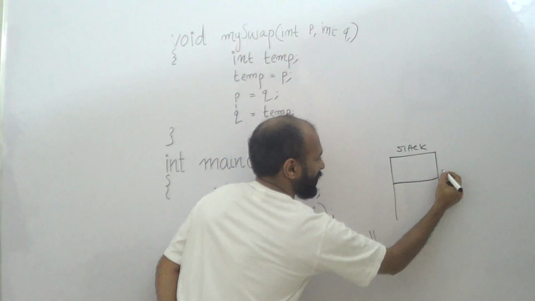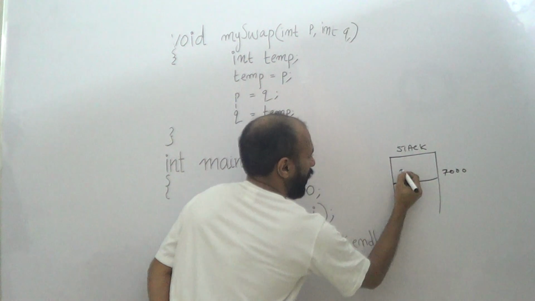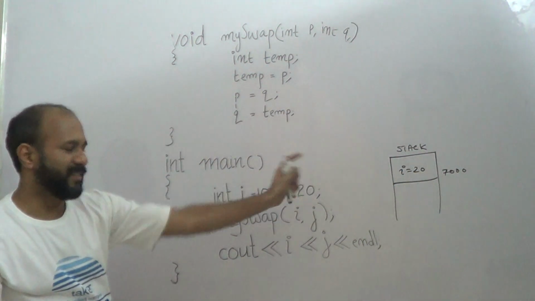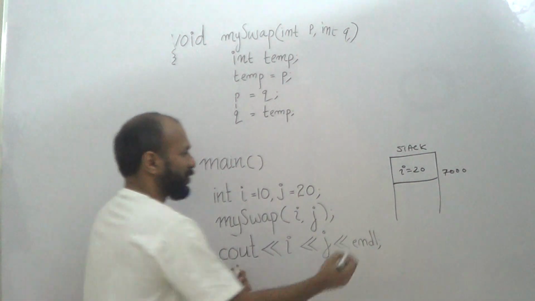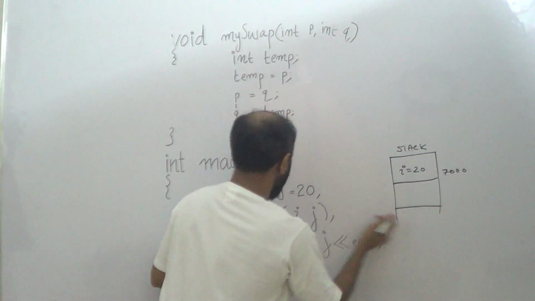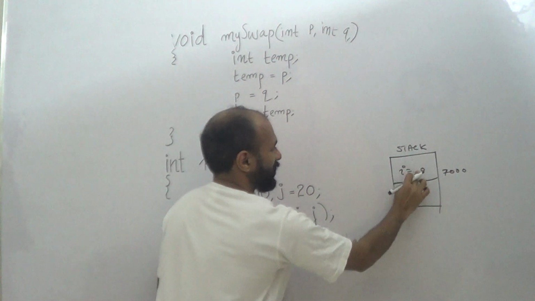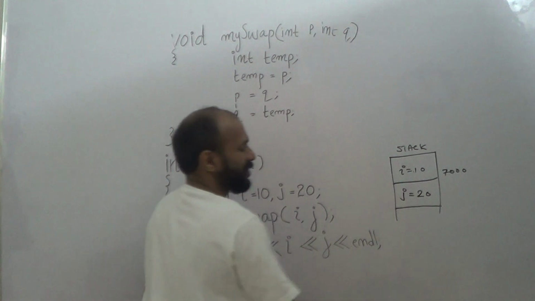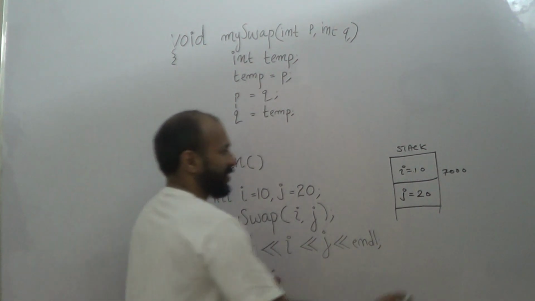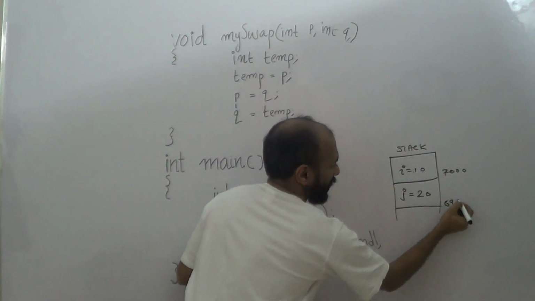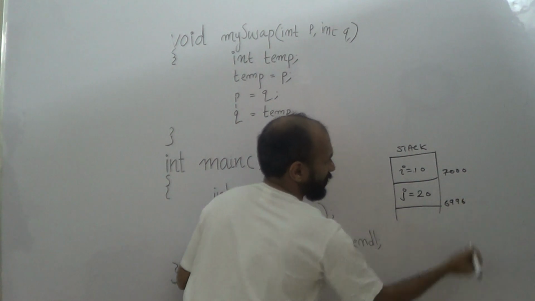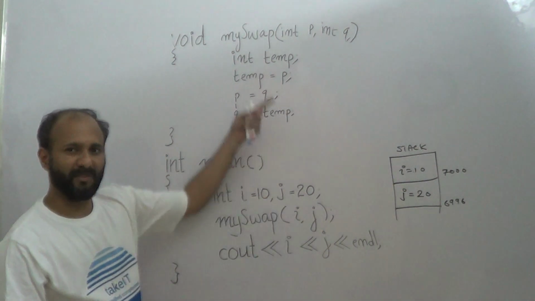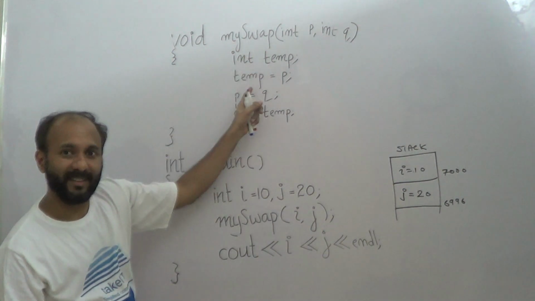Assume this address is 7000, so i which is equal to 10 is available in address location 7000. I have one more variable, j which is equal to 20, which is available in another address location, 6996. Now I am passing these two arguments into this function, so this function also has a stack frame.